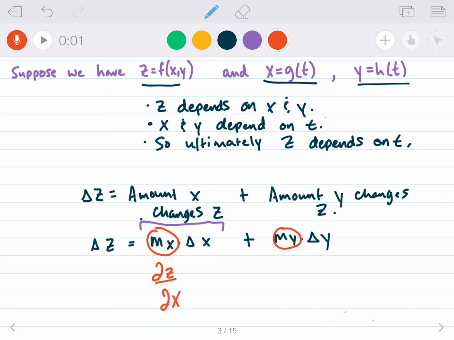So the slope in the x direction is the partial derivative of z with respect to x, times delta x, equals delta z plus, and in a similar way, the slope in the y direction is just going to be the partial derivative of z with respect to y. So that's partial z with respect to y times delta y.